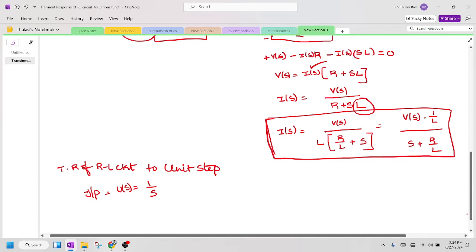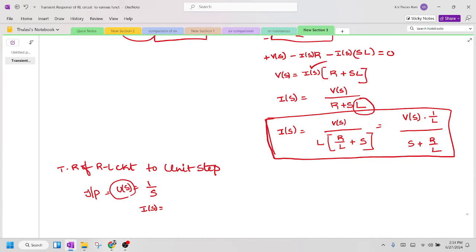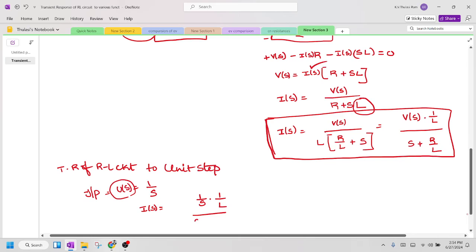So I of S is equal to 1 by S into 1 by L divided by S plus R by L.